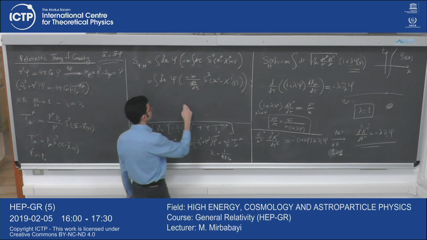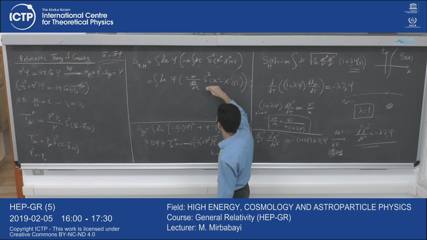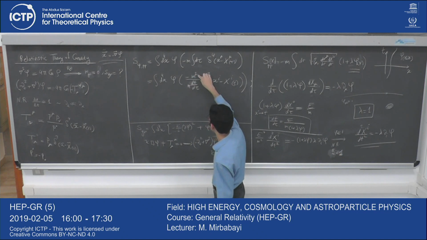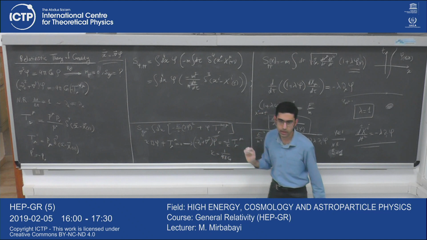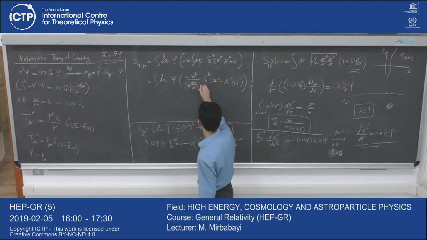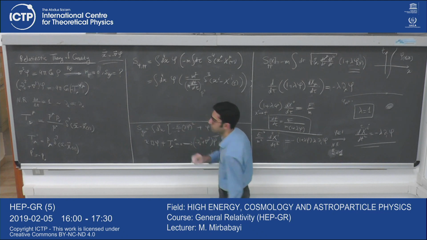But dt by d tau, we know what it is. If I multiply the denominator and the numerator by m, it becomes minus m squared over m dt by d tau, and this is nothing but what we call P0.